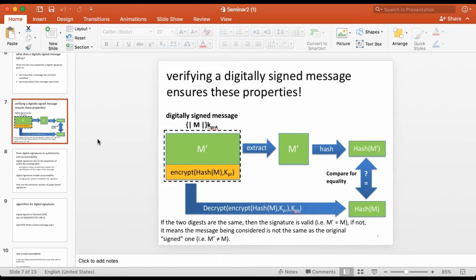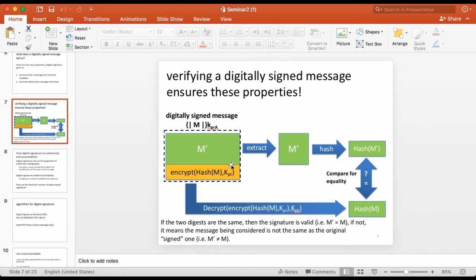So let's have a look through this diagram to see exactly how that validation or verification of a digital signature takes place. The first thing you have is the signed message. Remember, a signed message is some kind of message which comes with this sort of encryption of a hash using a private key.